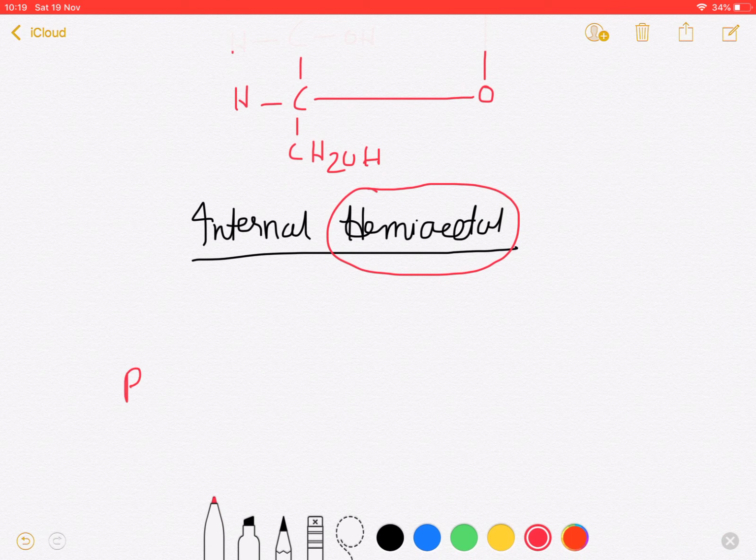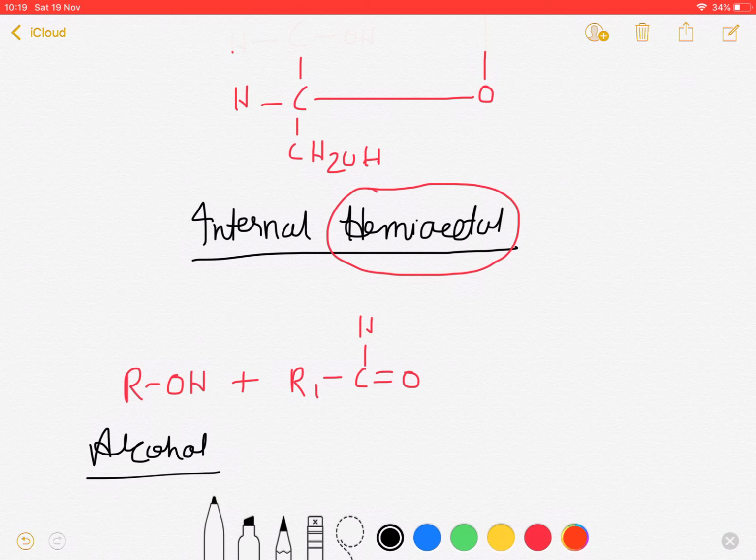When an alcohol, for example ROH, and an aldehyde, R1CHO, say this ROH is the alcohol and this R1CHO is the aldehyde.